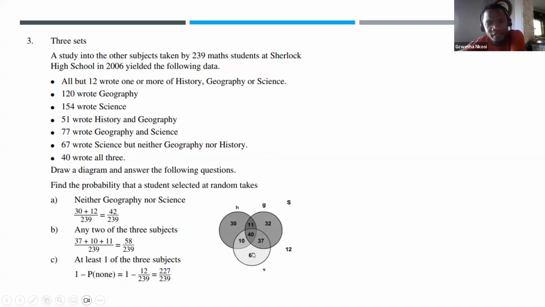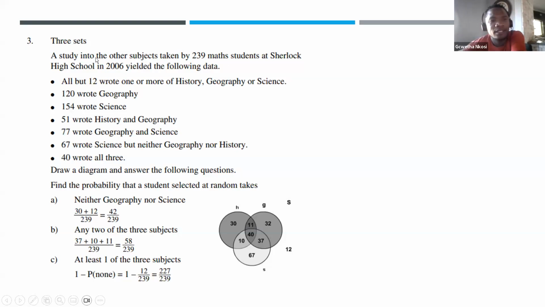look at this problem. Now we have been dealing with two events. Now we have like three events now. Let us see what these three events hold for us. Now let us look at these three sets.